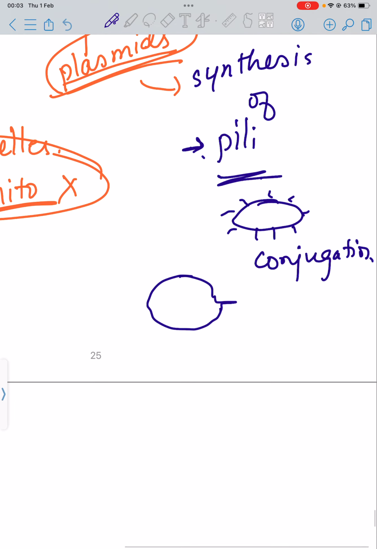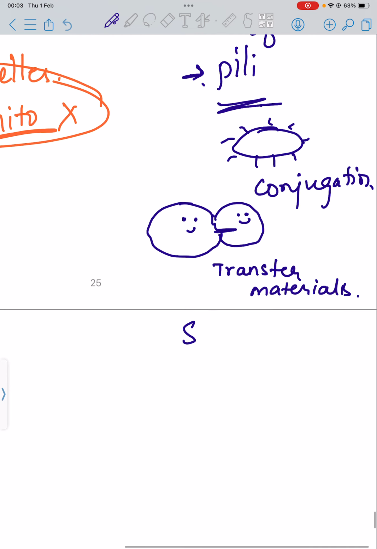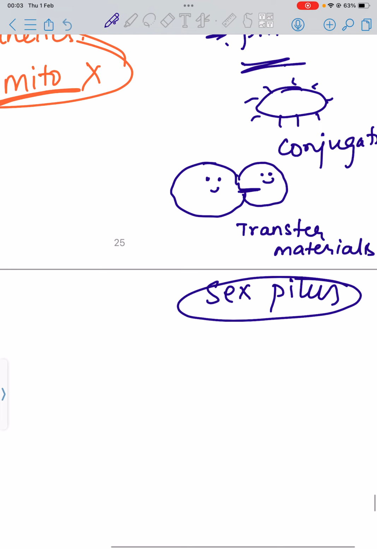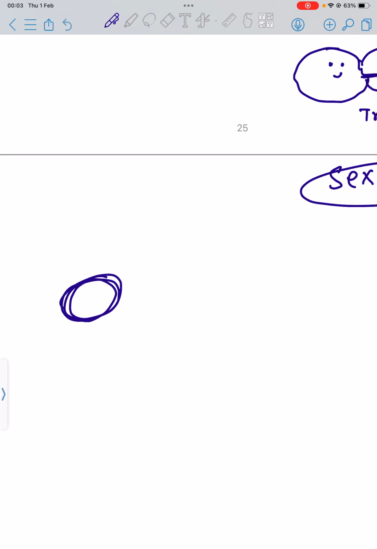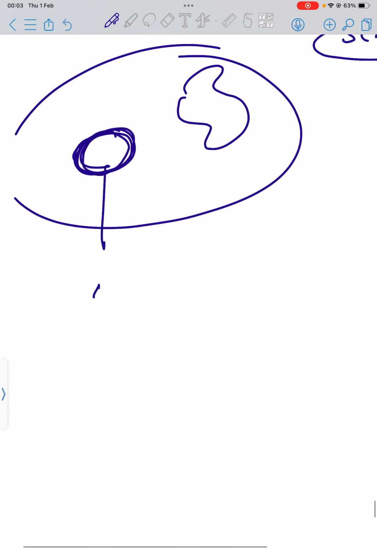These pili, imagine it to be like this. This is one bacterium, it's another bacterium. These pili basically transfer materials. They are also known as sex pilus. Got it? So these plasmids in the bacterial cell synthesize pili, number one.